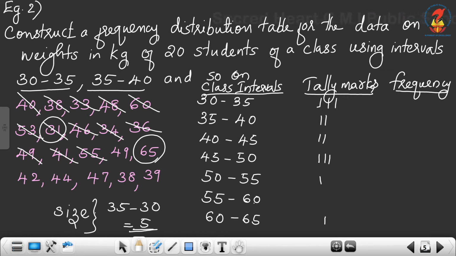In the group 55 to 60. Then 49, 65. So where can you mark 65?